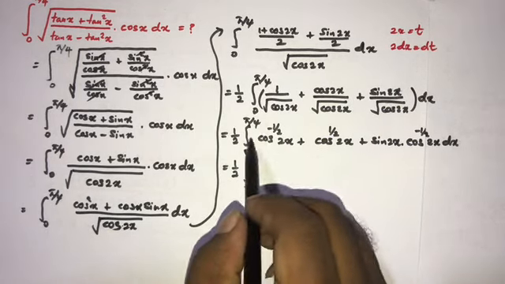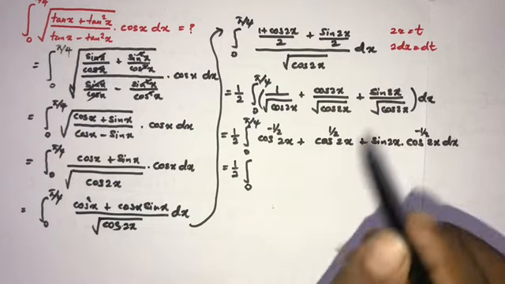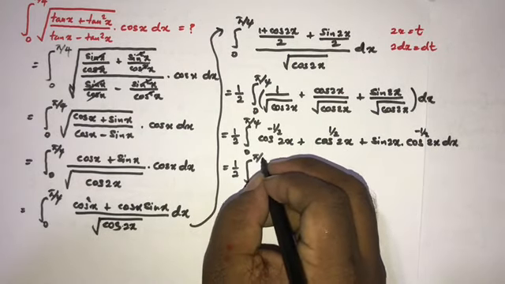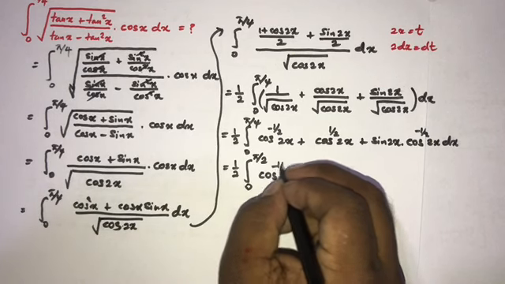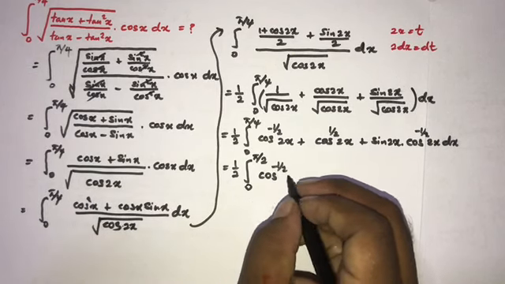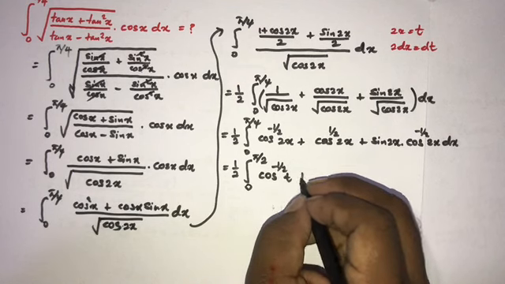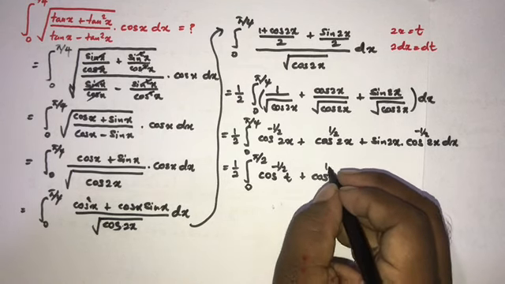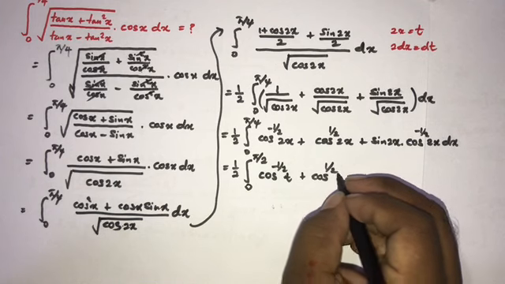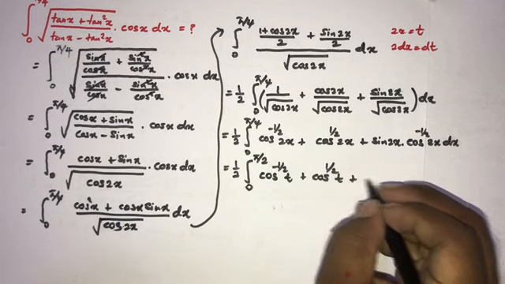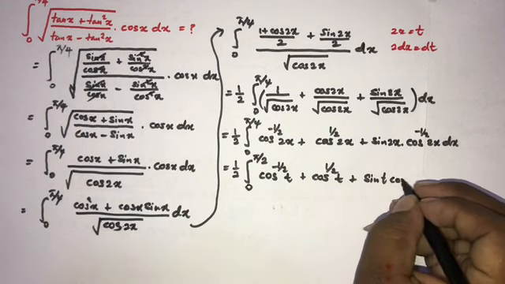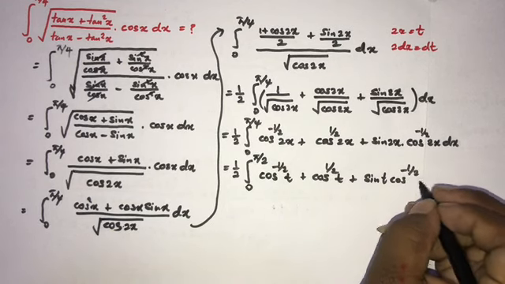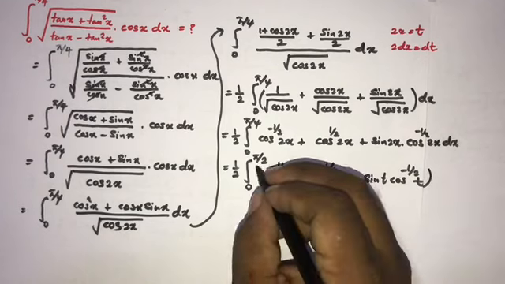Upper boundary 5 over 4, so 2 times 5 over 4, so pi over 2. And here cosine to the minus 1 half of 2 times x, we know t, plus cosine to the 1 half of here also t, plus here sine of t, and here cosine to the minus 1 half of t, and here dx.